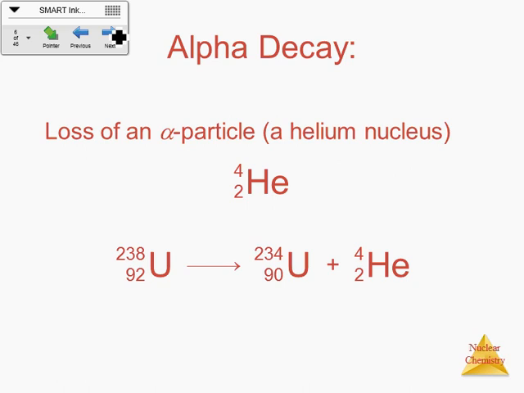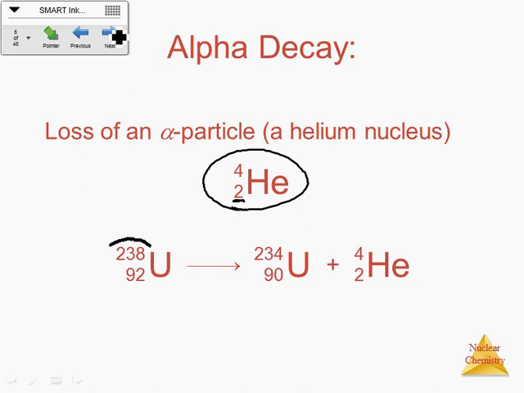An alpha particle is basically just a nucleus of helium, which has 2 protons. You can tell that from the atomic number 2, and it has 2 neutrons. You can tell that from the mass number of 4 minus the atomic number of 2. So 2 protons, 2 neutrons in a helium nucleus, and that is what is sort of spit out from the atom when it undergoes alpha decay.